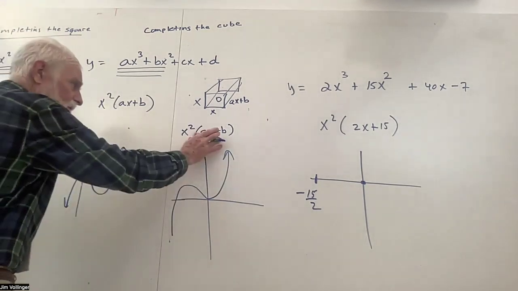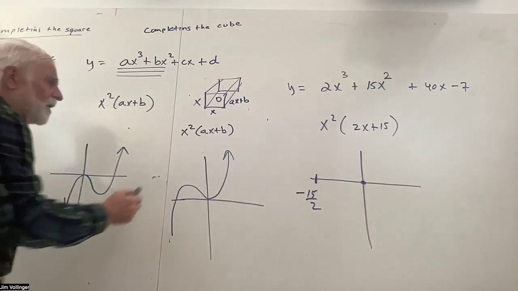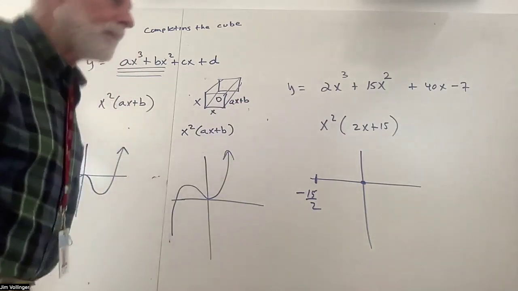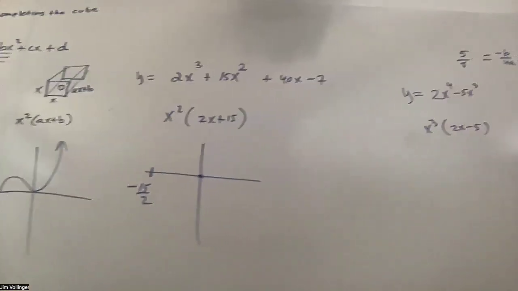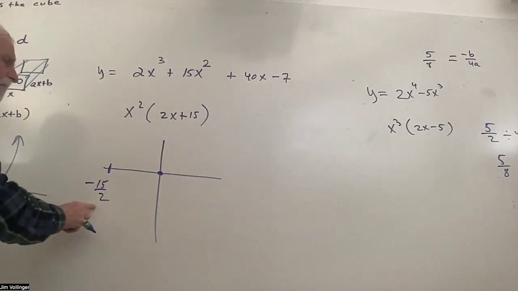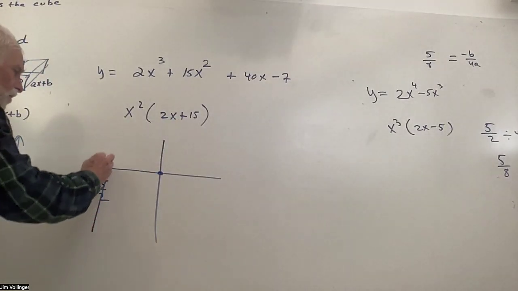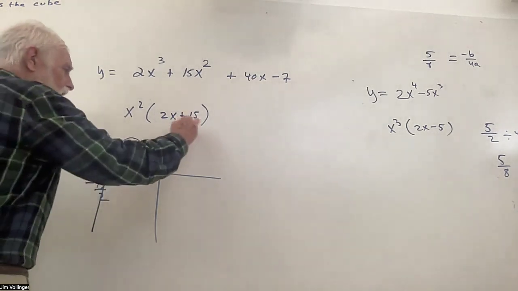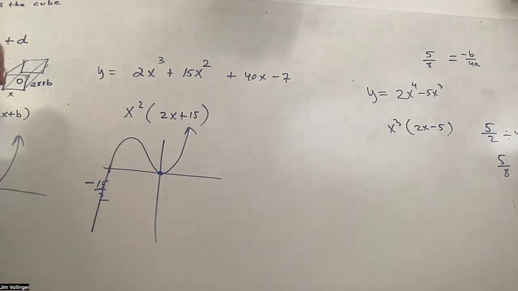So if you put this in a grapher, let's just talk about x squared. I've got one here. If I'm looking at x squared times 2x plus 15, minus 15 halves is where this cuts through the x-axis. This is my double root, and that is what I get for a graph.